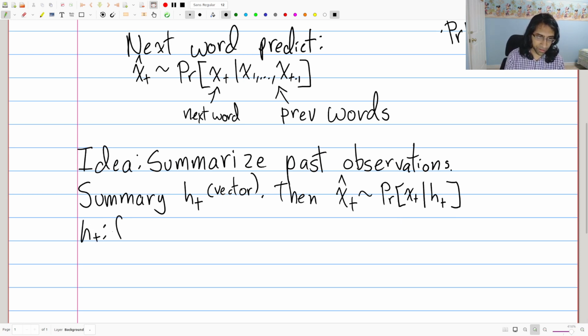This is a function of x1 through, say, x sub t, basically all the previous observations. I guess we'll just do a little bit of re-indexing here, so that it'll use everything through x sub t, and then we're just going to update it over time.